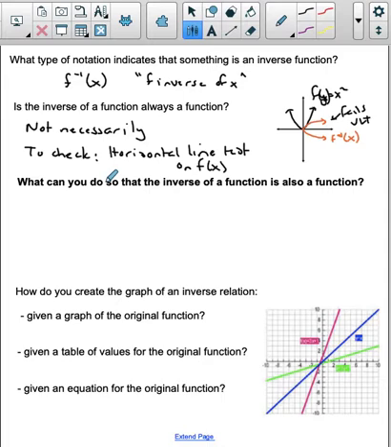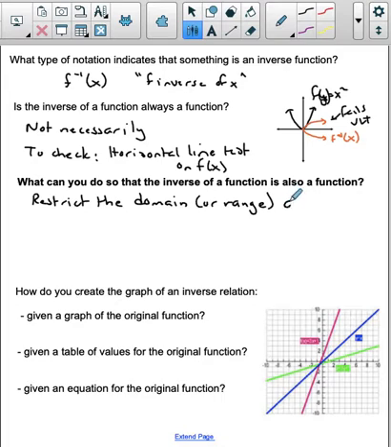So now it's saying, what can you do so that the inverse of a function is also a function? And again, this is something that you would have seen last year, but basically what you want to do is restrict the domain. I'm going to put or range in brackets, but that's not something you would do very often.